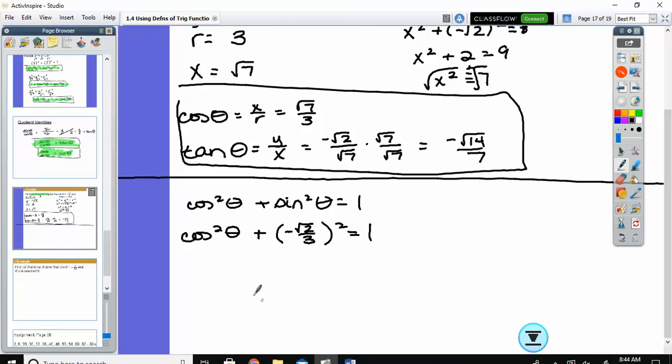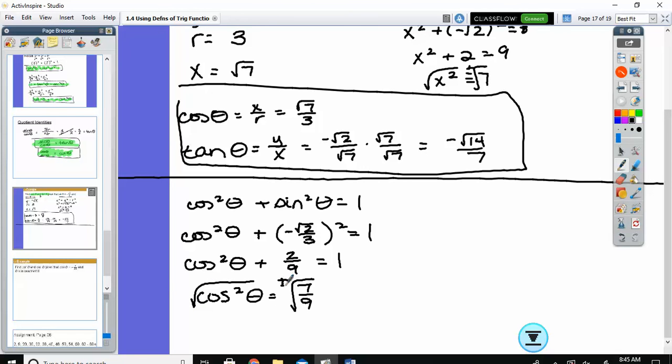Negative square root of 2 over 3. So we get cosine squared plus negative radical 2 squared, which will be 2, over 3 squared, which is 9. So if I subtract that over, 1 minus 2 over 9 is 7 over 9.